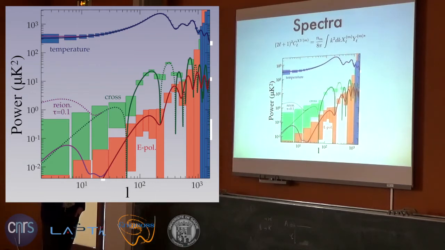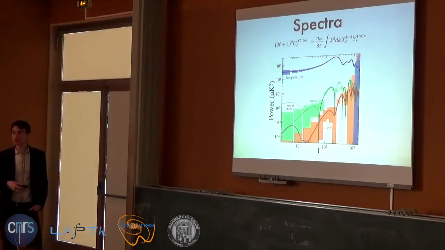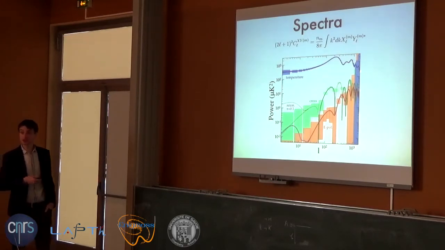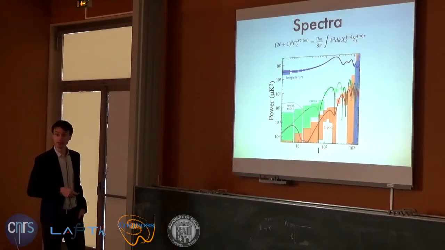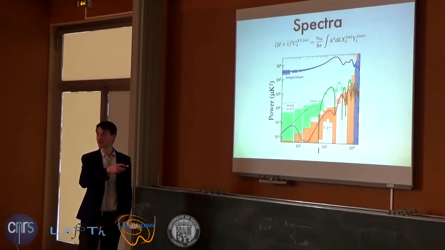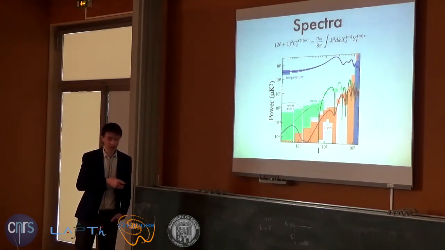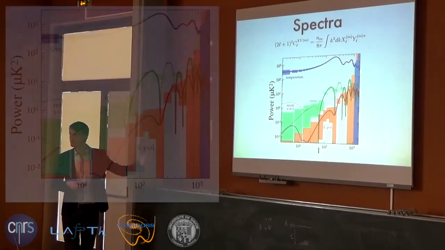But in different colors here, the lowest line, let's focus on that one first, is the autocorrelation of the E-polarization spectrum. I already described in words that the E-polarization must be correlated with the temperature spectrum because the E-polarization has its origin directly in the temperature anisotropies at the surface of last scattering.